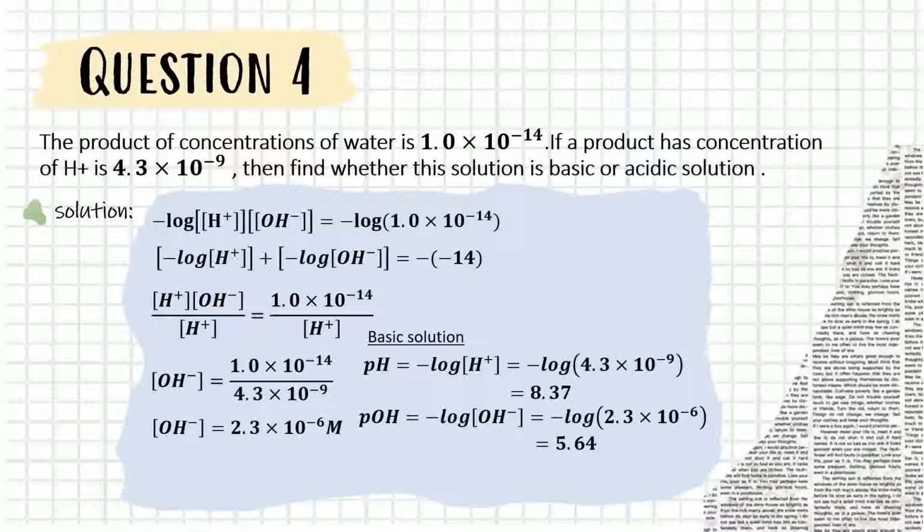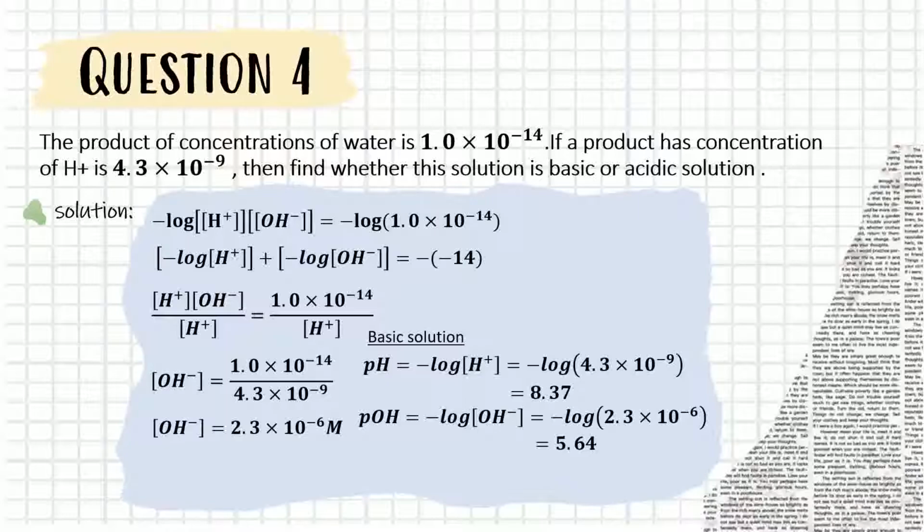Then we get concentration of H plus multiplied with concentration of OH minus over concentration of H plus equal to concentration of water over concentration of H plus. Then we substitute the value of concentration of H plus, and we get concentration of OH minus equal to 2.3 times 10 to the power of negative 6 molarity.